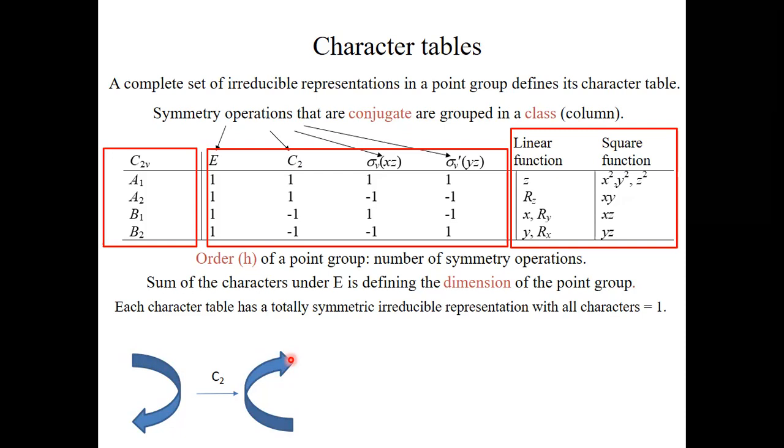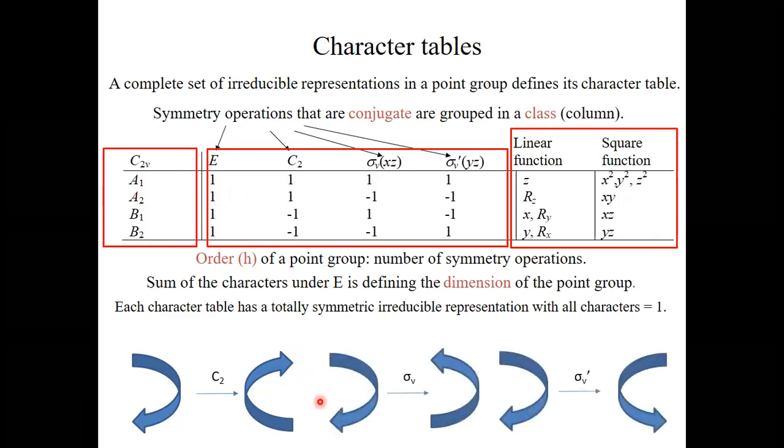It looks like it's still rotating clockwise. Yeah, correct. So it's still rotating clockwise. Therefore, it should be associated with the character +1 in the irreducible representation. And you see that this is the case for the A2 symmetry type, this character here. Now what about the other two remaining symmetry operations?